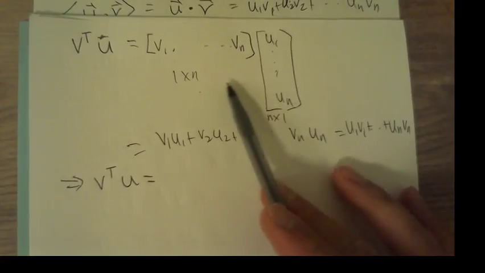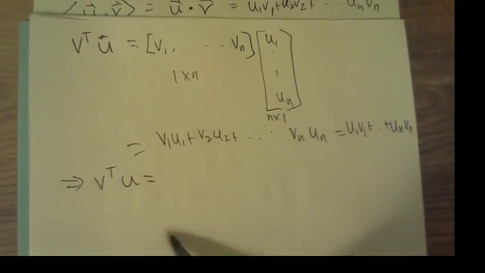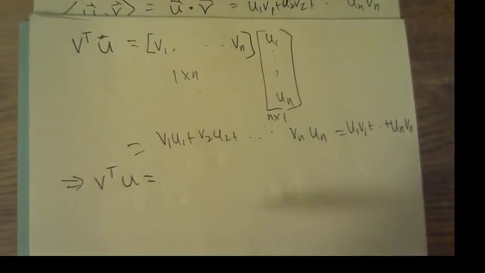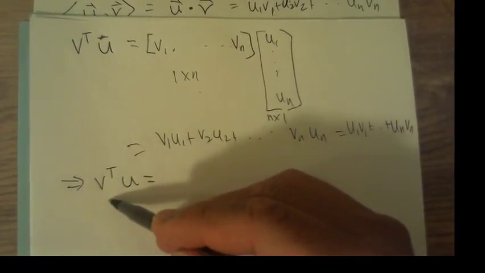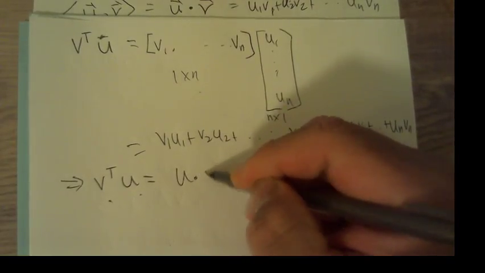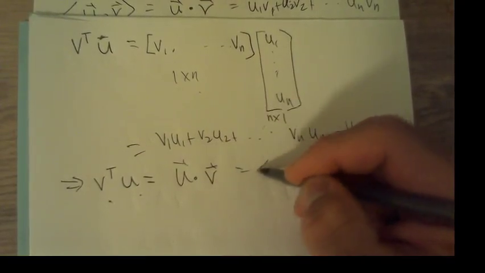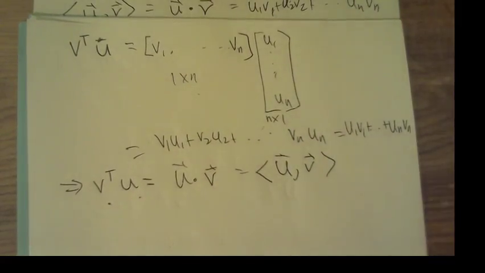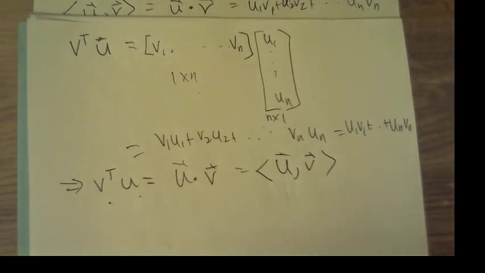What we want to make sure is that we do the proper operations here, right? Now, the reason I chose to do them as column vectors is because now I have a definition where V transpose times U is equal to U dot V, or in other words, the inner product there.